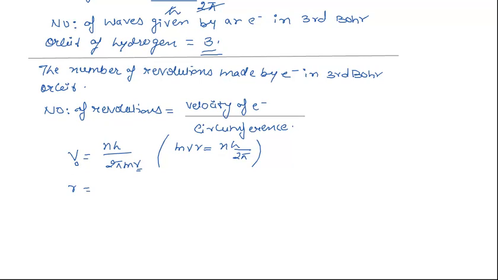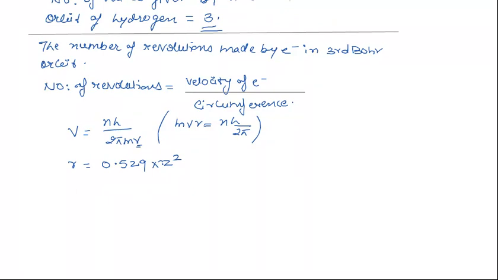Now your radius of orbit is equal to 0.529 multiplied by n square upon z, right? Z is one for hydrogen. So what would be the radius? It is in angstrom, right?